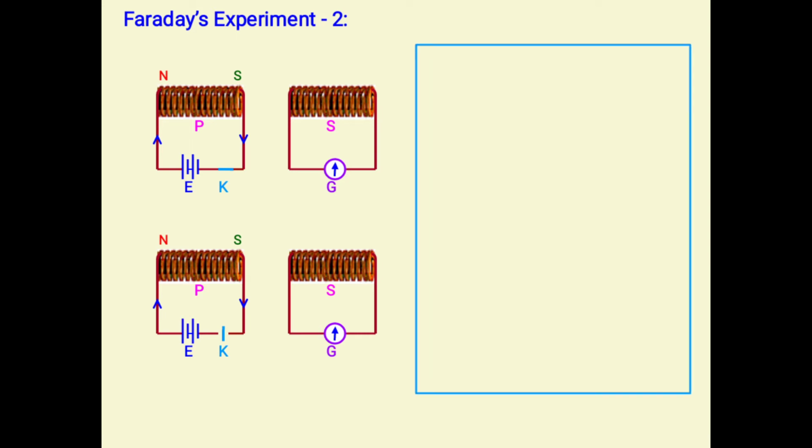The explanation is as follows: when the primary circuit is closed, current grows from 0 to maximum. Definitely if we switch on the current, it increases from 0 to its maximum value, and when current increases from 0 to maximum value, the magnetic field in the primary coil increases from 0 to its maximum, and if the field is increasing, flux will also increase.